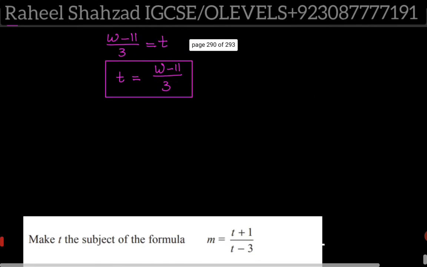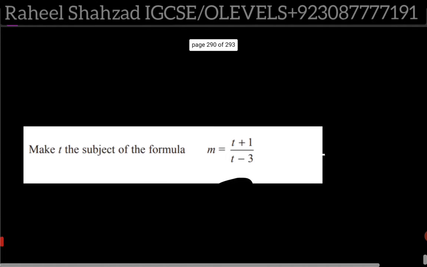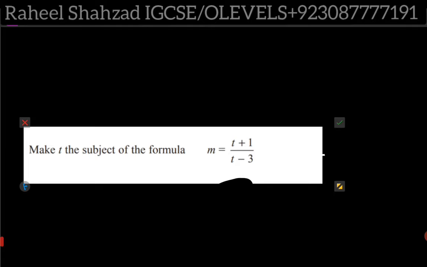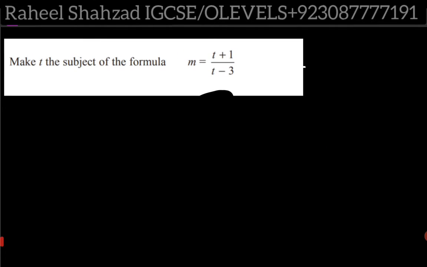In next question, here's another question we have. Make t the subject of the formula they have given us. So now in this case what we have to do is we need to make t the subject of the formula, and right now it's m the subject, okay. So m is equal to t plus 1 divided by t minus 3.